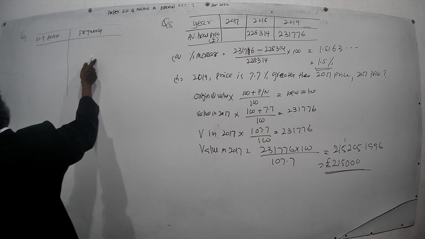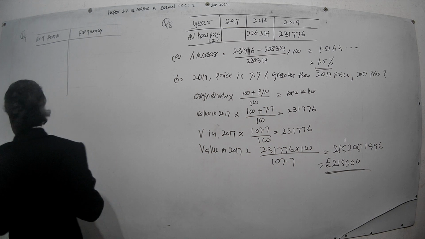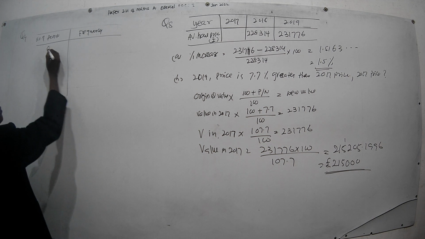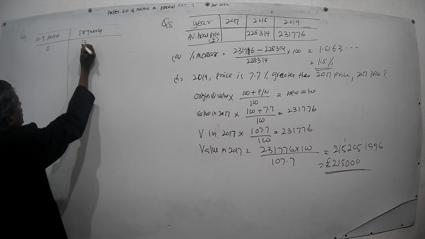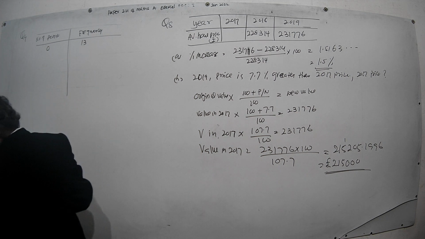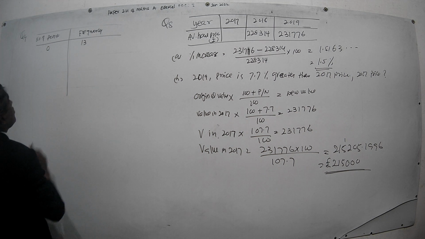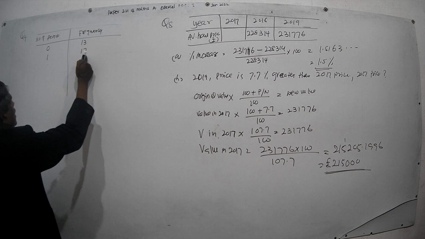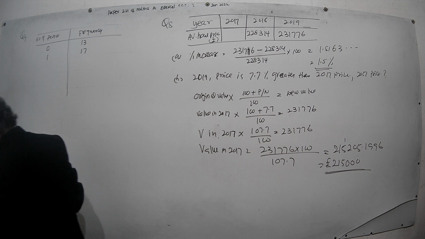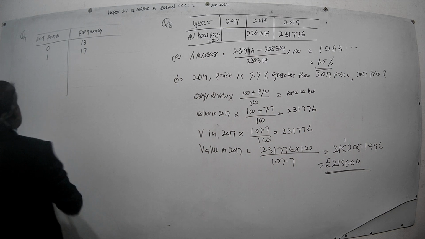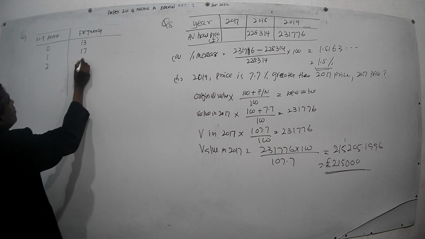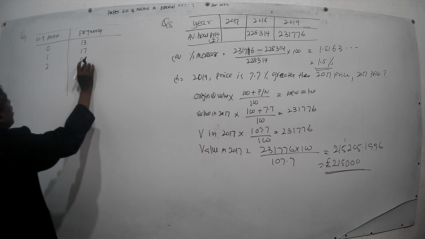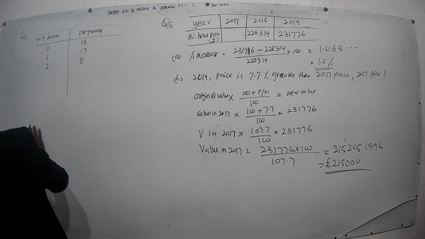Frequency means the number of players. For 0 points, 13 players have scored 0 each. For 1 point, 17 players have scored 1 each. For 2 points, 8 players have scored 2 each.